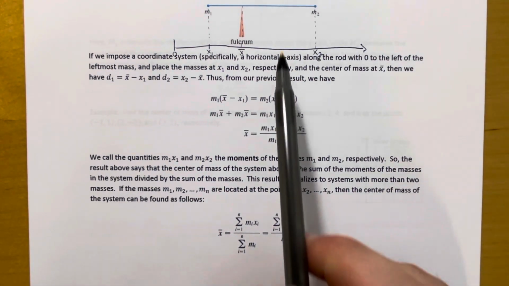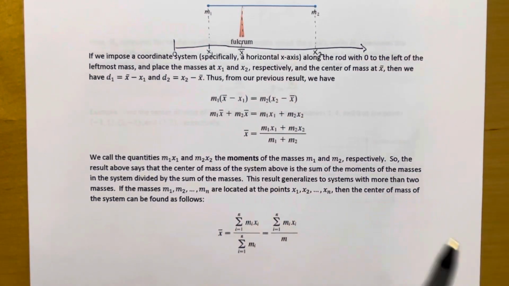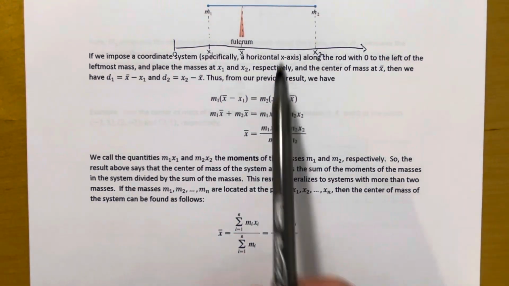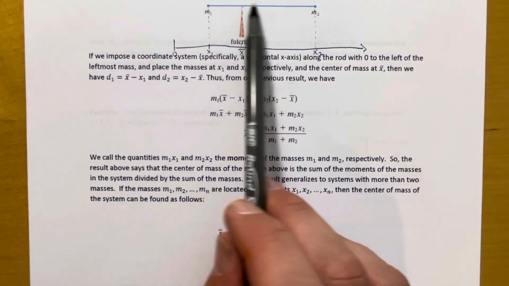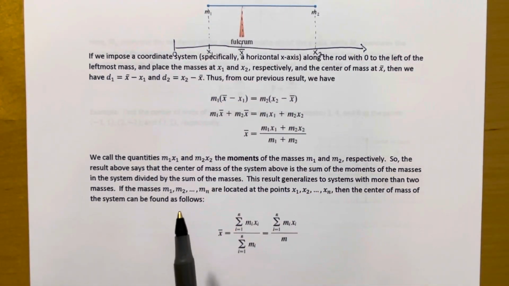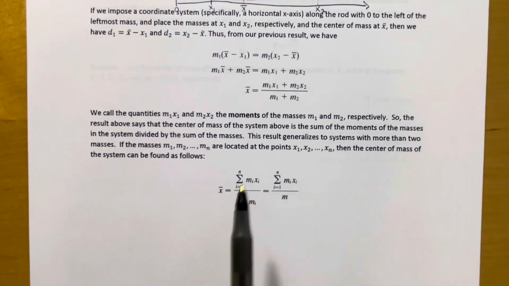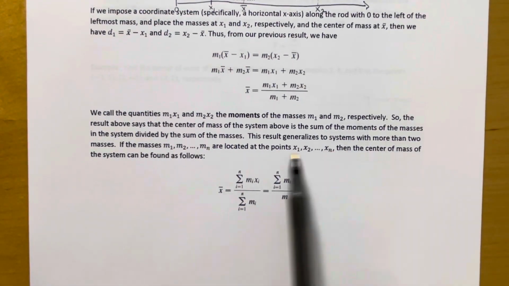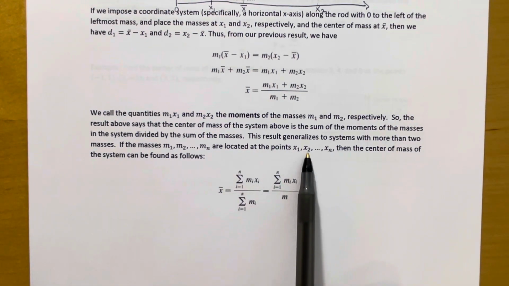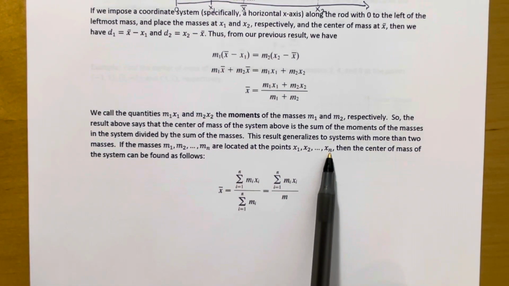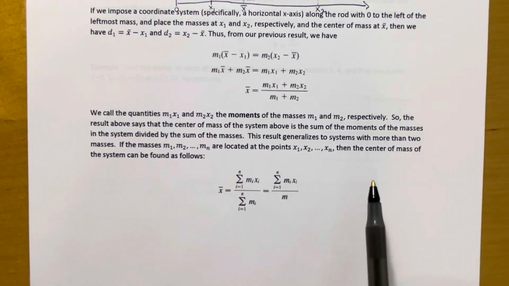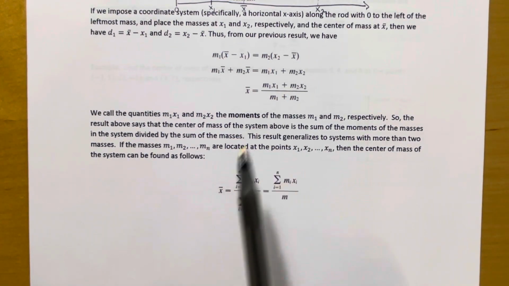Now, we did a derivation where we had 2-point masses, but the same results will actually still apply if we put several point masses all along this rod. So if we have a total of, say, n masses, m1 through mn, and let's suppose that in our coordinate system up there, they're located at the points x1, x2, all the way up through xn, then the center of mass is found in a way that generalizes this result.